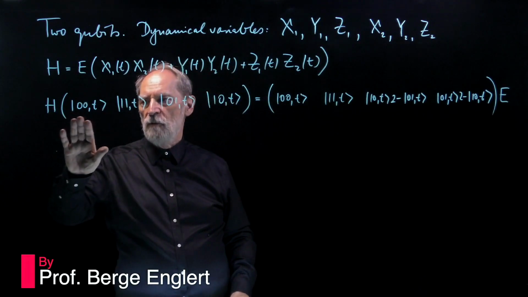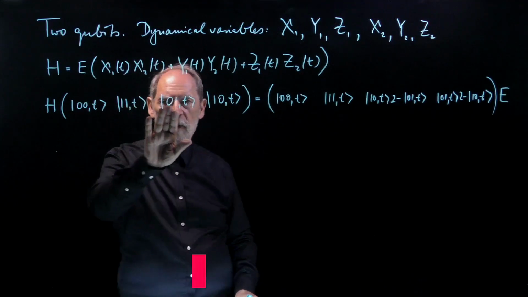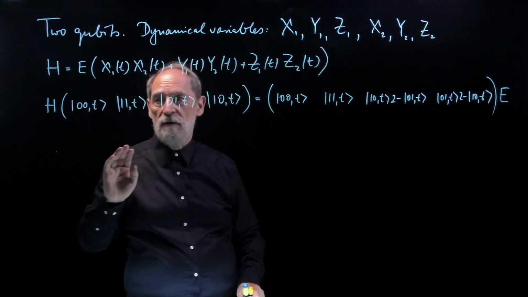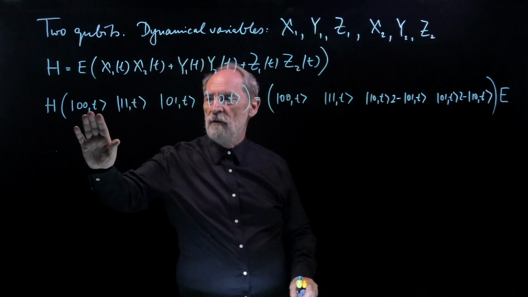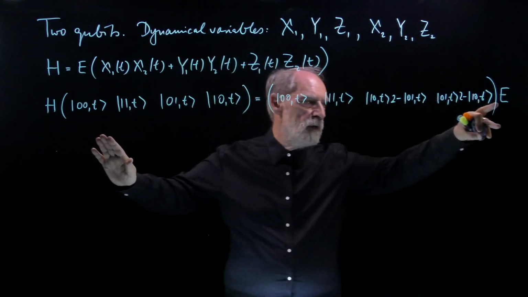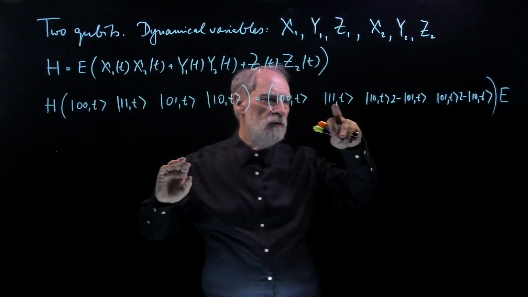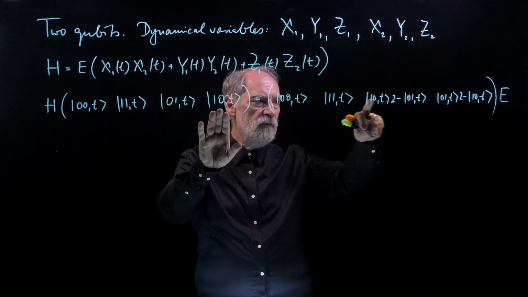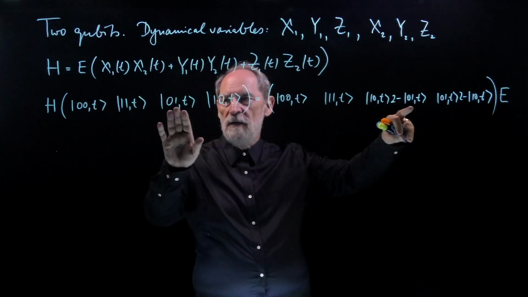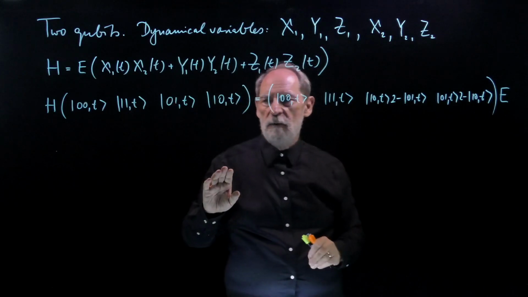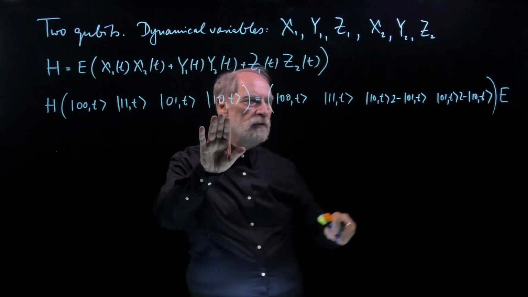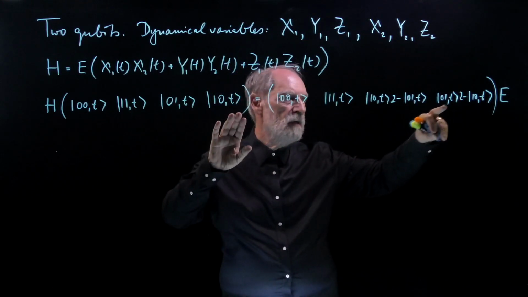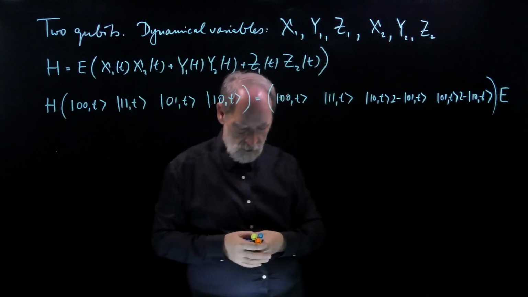We apply the Hamilton operator to the 4 kets in our basis, now written as usual as a row. And so the first one is just reproduced multiplied by E. Second one is reproduced multiplied by E. The third one turns into twice the fourth one, minus itself, and all of this multiplied by E. And the fourth one turns into twice the third one, minus the fourth one, multiplied by E.